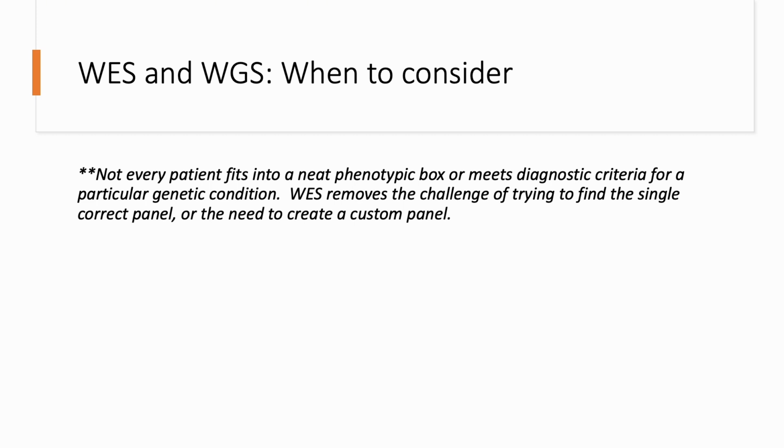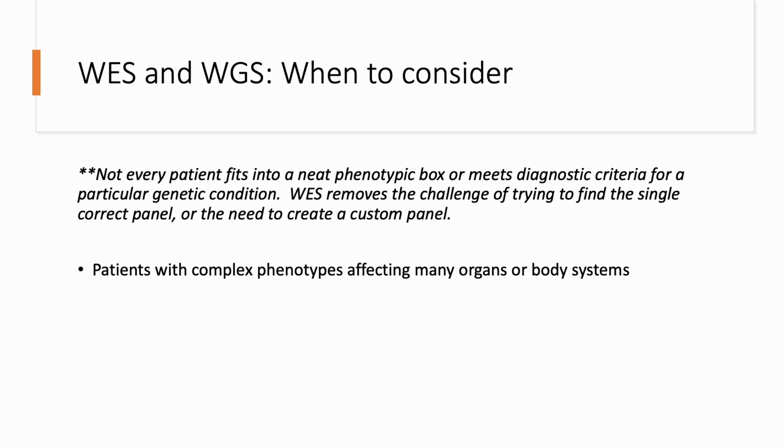Not every patient fits neatly into a specific phenotypic category or meets the diagnostic criteria for a known condition, making whole exome sequencing a helpful option. It eliminates the need to select or create a custom panel, especially for patients with complex phenotypes affecting multiple organs or systems.